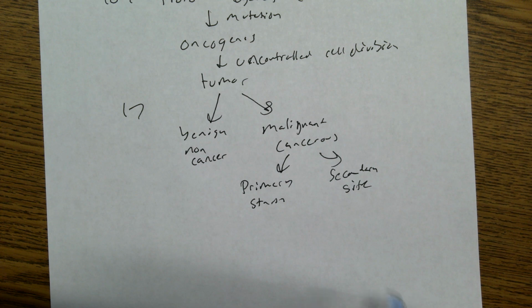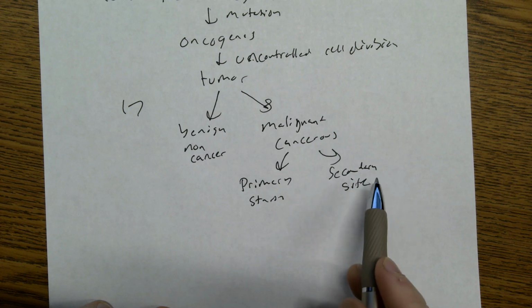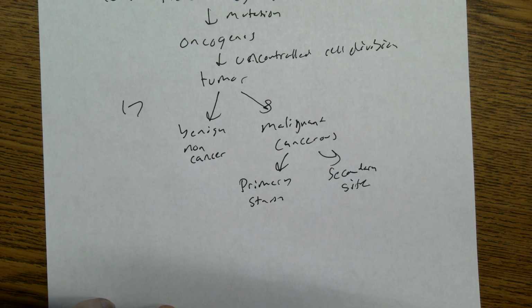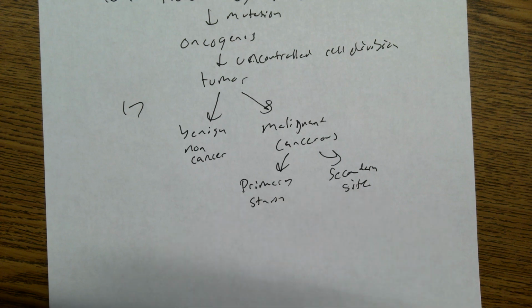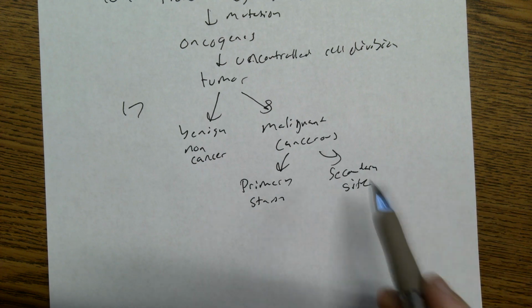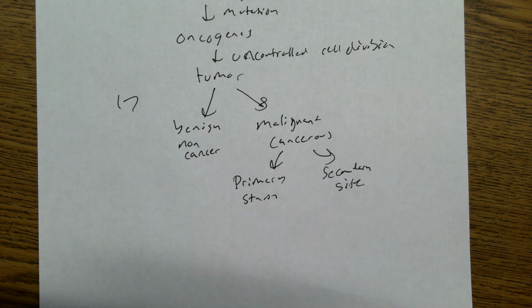And so when they move, then they can get stuck somewhere else, and they can start to grow somewhere else too. So they're often moving through the blood or the lymphatic system. And so when they're moving, then they're at risk of damaging other organs. And so you can find these in like the lungs, the liver, the kidneys, etc., lymph nodes. Those are common places that you'll see those.